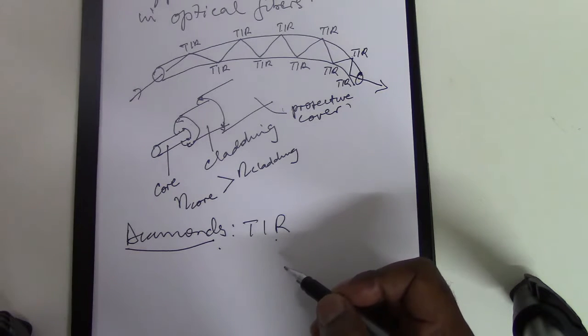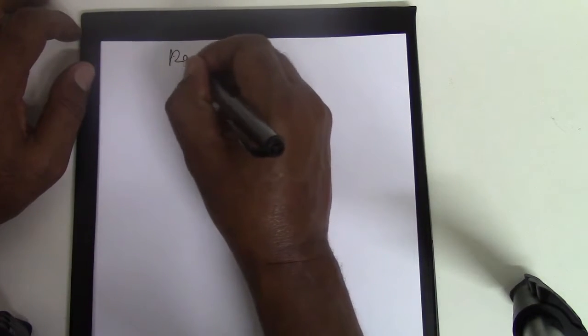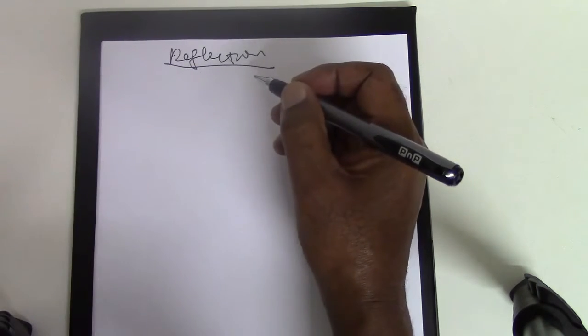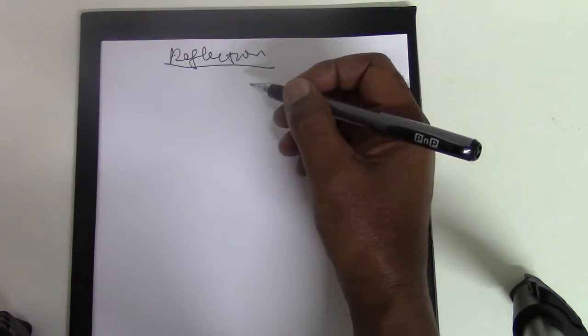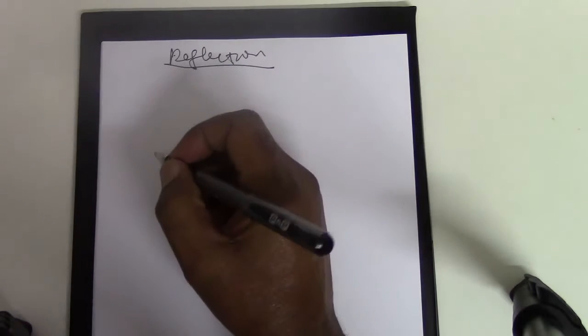Now, let's focus specifically on reflection itself. Last time we talked about refraction. Now we want to focus on reflection. Now, under reflection, we have a key objective which we want to accomplish.